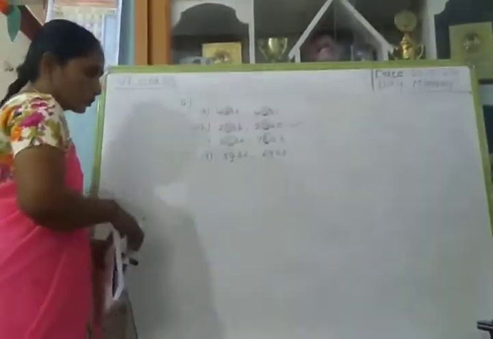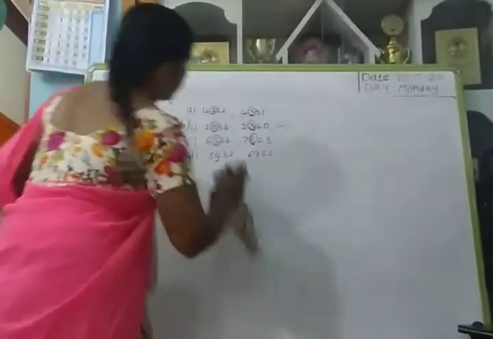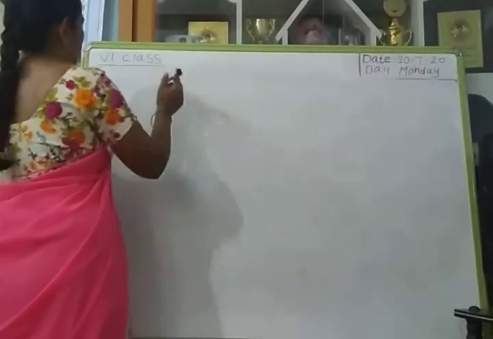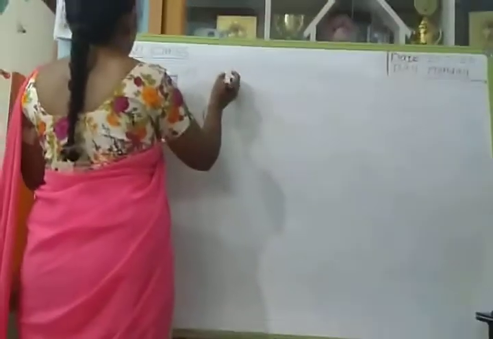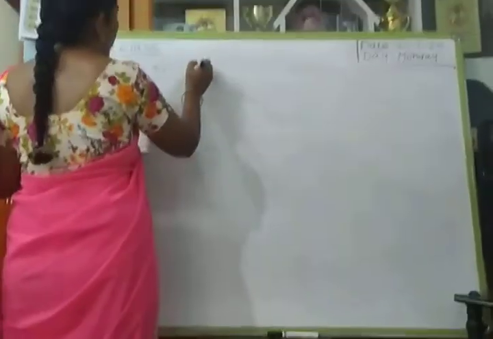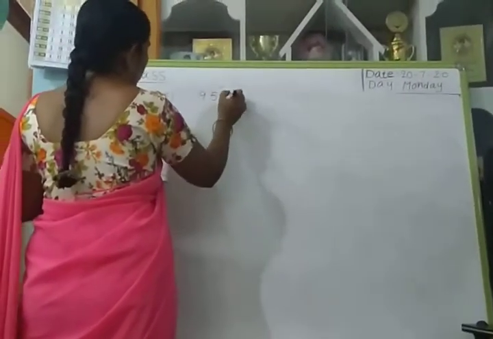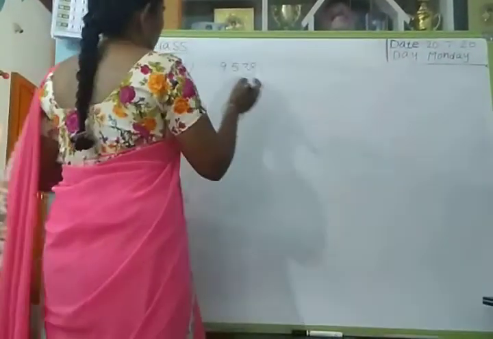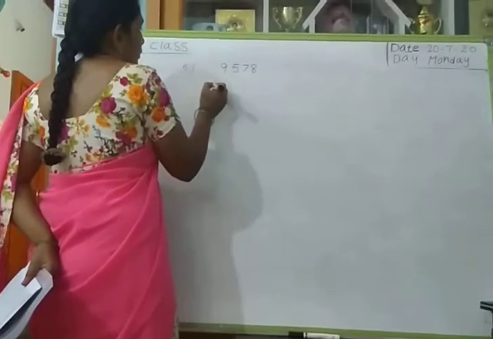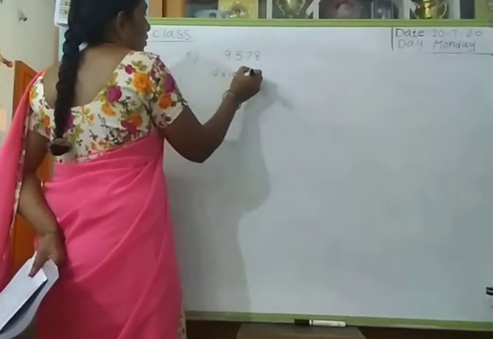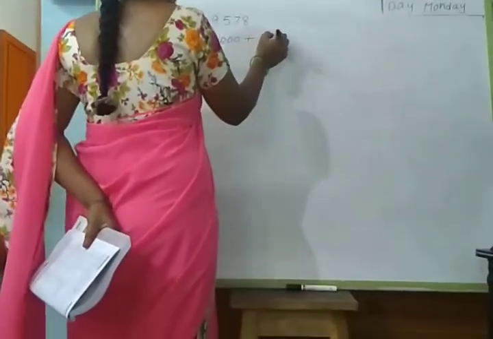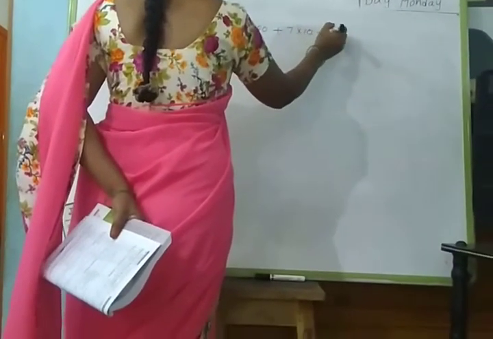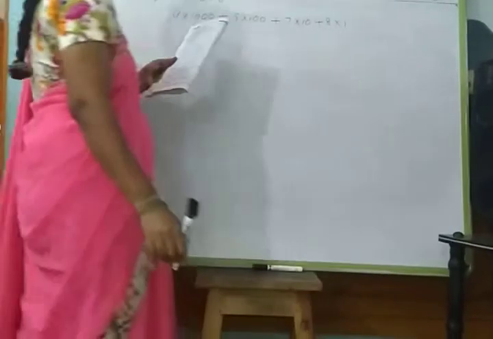Next, fifth question: the expanded form of 9,578. You already know, first write the expanded form: 9 into 1000 plus 5 into 100 plus 7 into 10 plus 8 into 1.